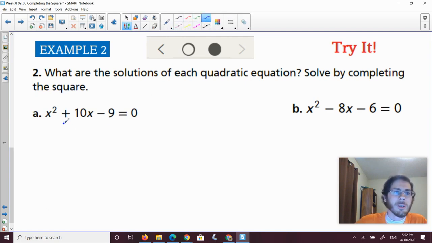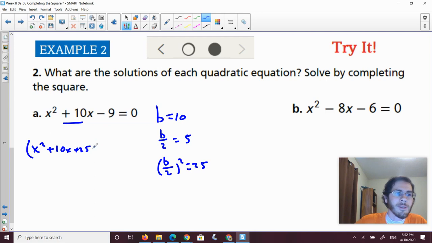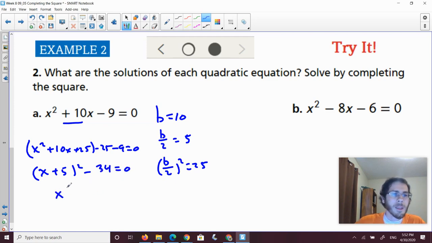So with this one, again, the whole goal is to recognize that b is 10, b over 2 is 5, b over 2 squared is 25. So we get x squared plus 10x plus 25 minus 25 minus 9 equals 0. x plus 5 squared minus 34 equals 0. x plus 5 squared equals 34. x plus 5 equals plus or minus the square root of 34.